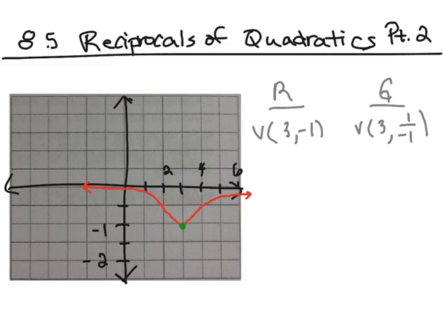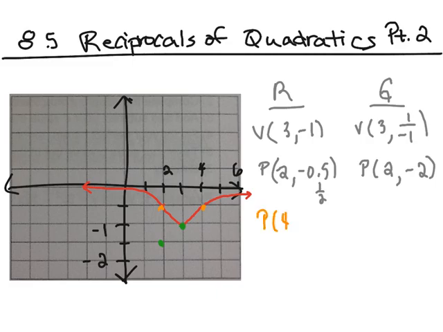Now what we have to do is find the reciprocal of the points that we have. So if we have the point 2 and negative 0.5, the reciprocal of that point will be 2, and when you flip 1/2, negative 2. So we want to plot our point there, at 2 and negative 2. And we also have another point right here, this point and this point that we can go off of.